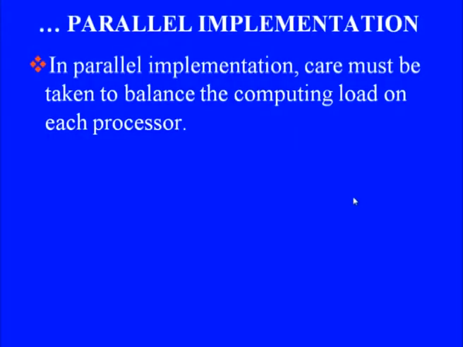And there is one more aspect which we must carefully take care of. Yes, we have divided our problem domain into small subdomains, and a certain number of subdomains have been mapped to a certain set of processors. Care must be taken to balance the computing load on each processor.